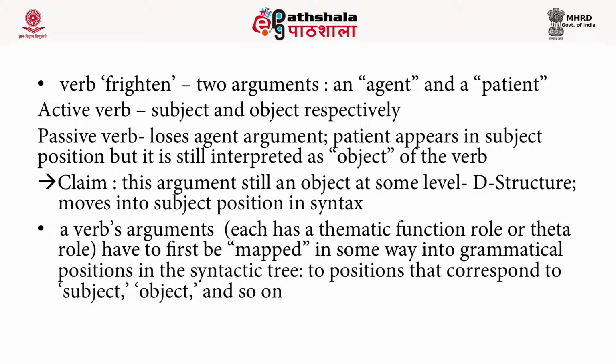A verb's arguments, each of which has a thematic function or a theta role associated with it, have to first be mapped in some way into a grammatical position in the syntactic tree. To that position, we correspond the labels subject, object, and so on.